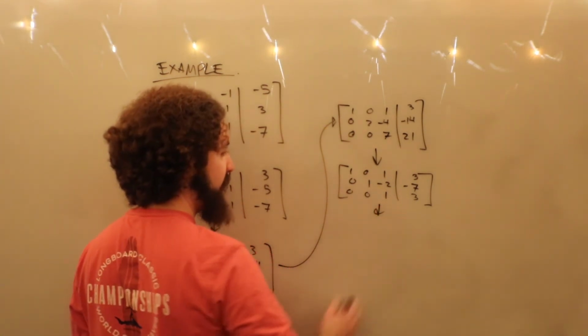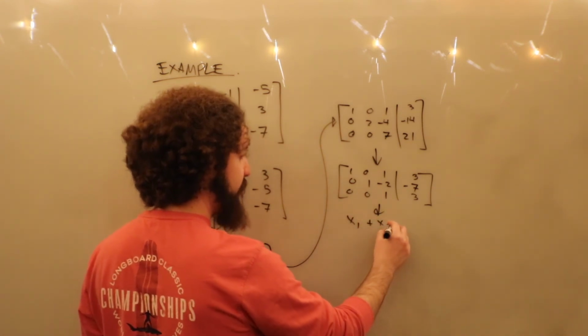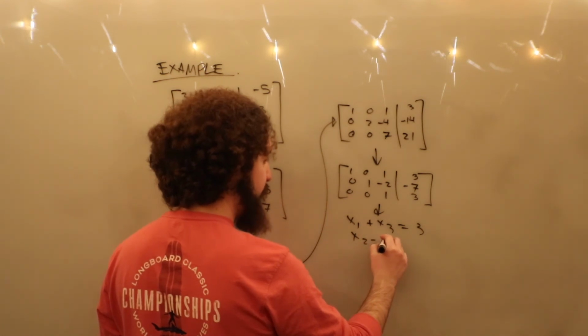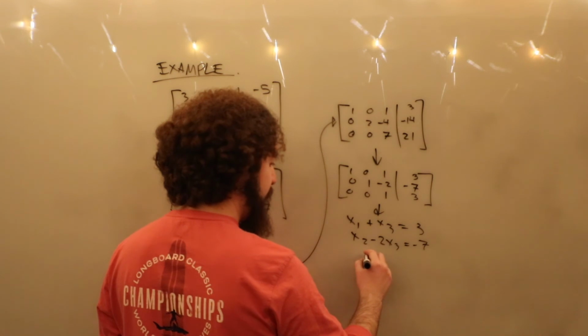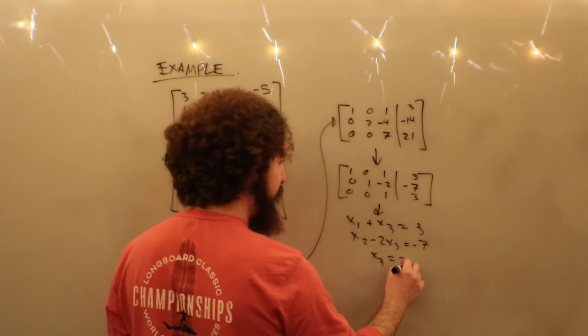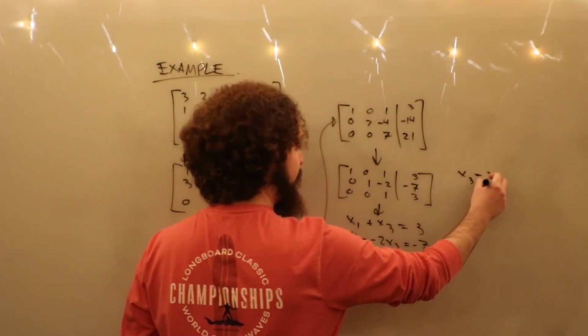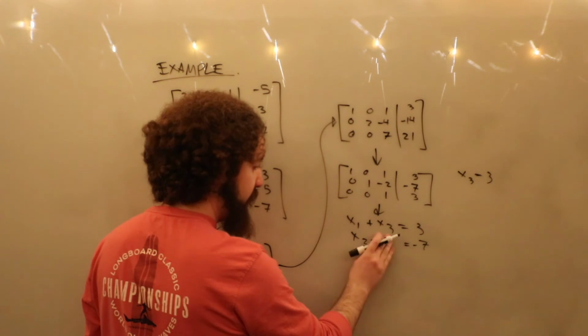So if we write this as a system again, we would have x1 plus x3 is equal to 3. x2 minus 2x3 is equal to -7. And x3 is equal to 3. Well, we know already that x3 is equal to 3 because that's what the last one says. Let's plug that into equations 2 and 1.